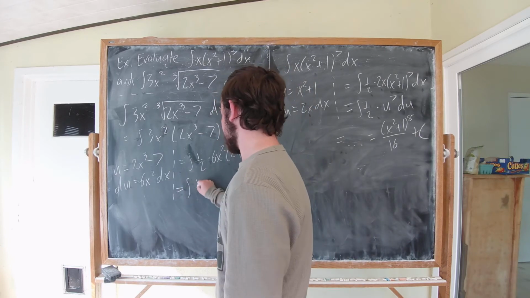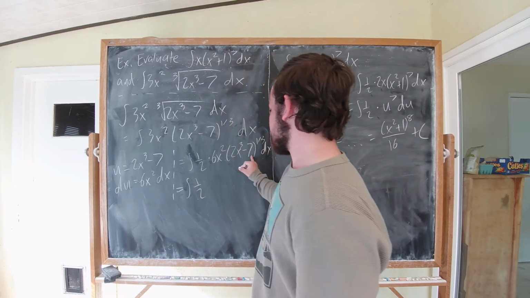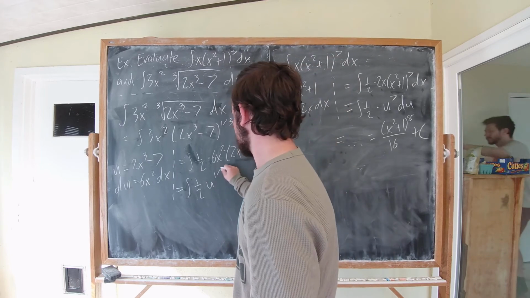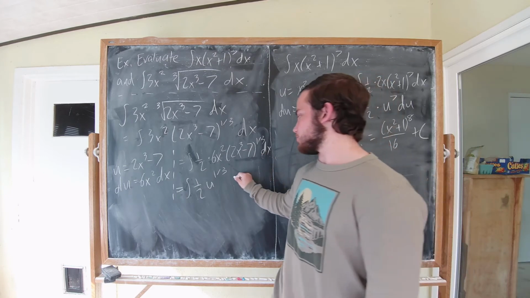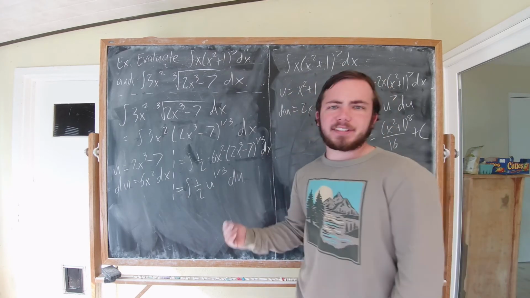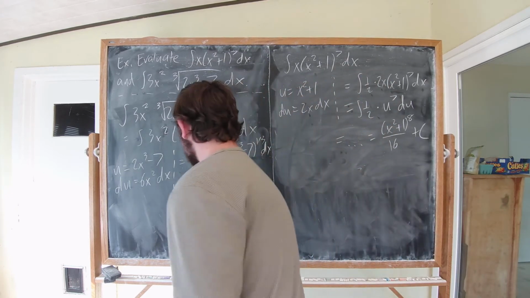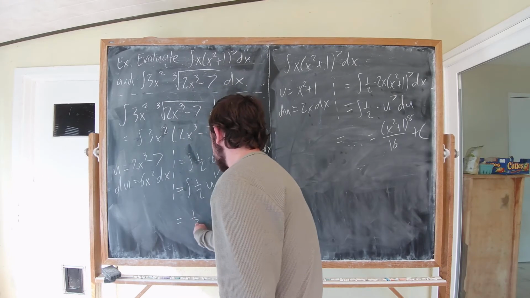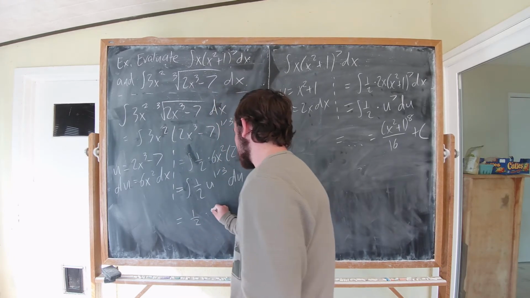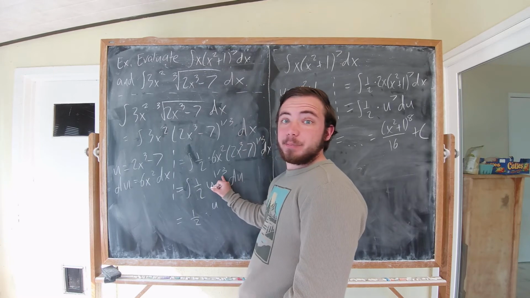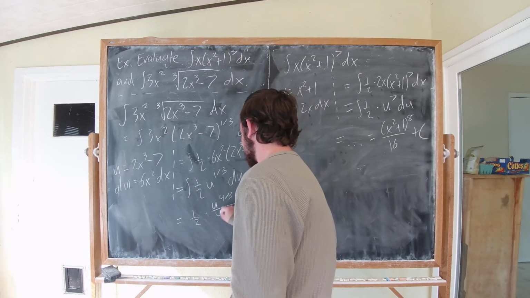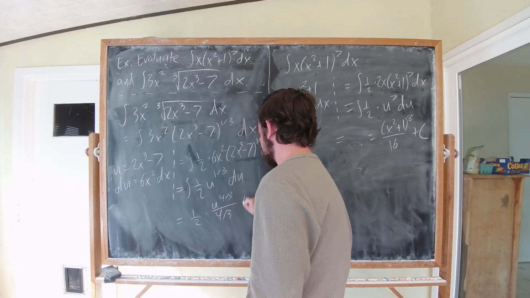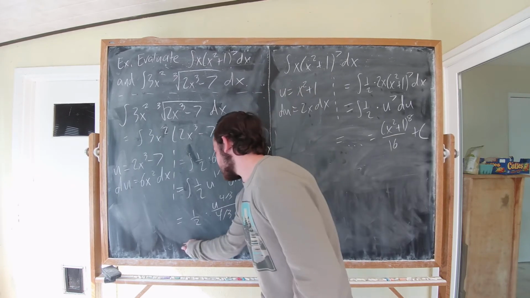This would be the integral of 1/2 times u to the 1/3, and then 6x squared dx is our du. Now the scalar multiple rule and power rule tell you that it'll be 1/2 times u to the 1/3 plus 1, which is 4/3, divided by 4/3, plus c.